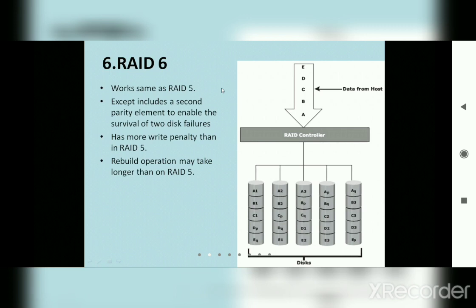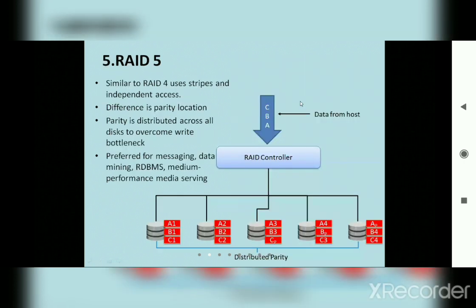Now if I move to the previous slide, as I said, only one disk failure can be handled. Suppose the first disk and the third disk fail, but how many parities do we have? We have only one parity, and that is also lost here.